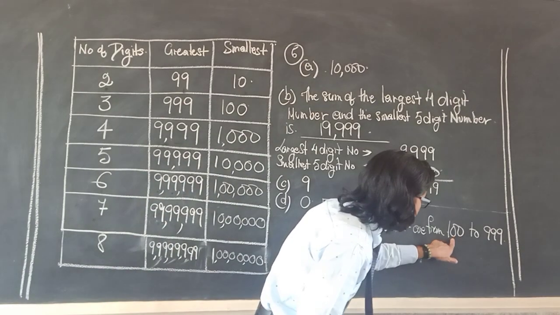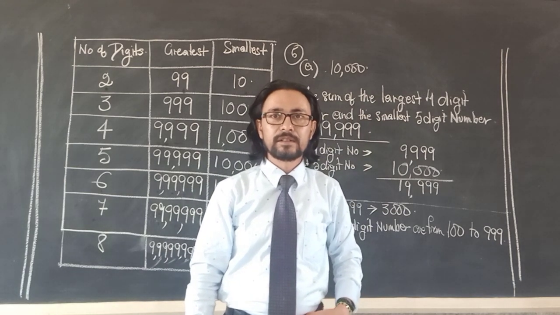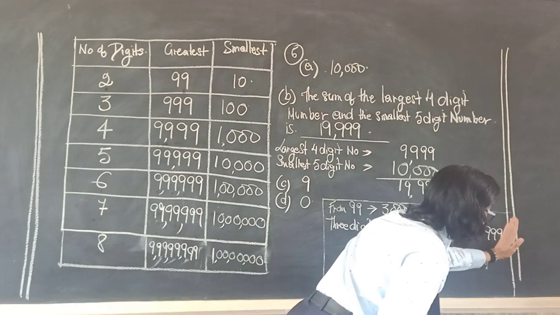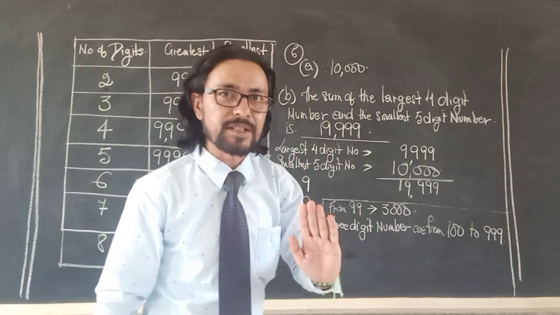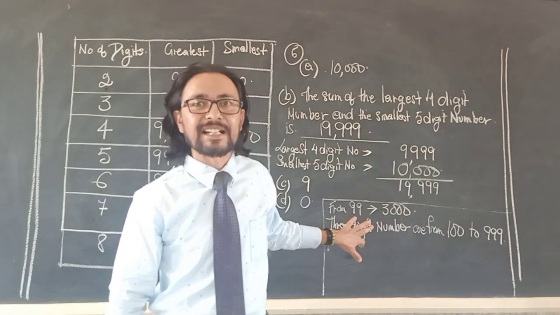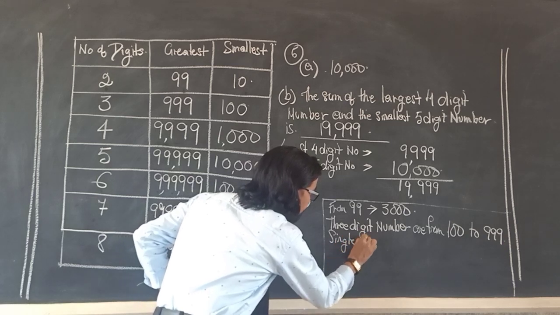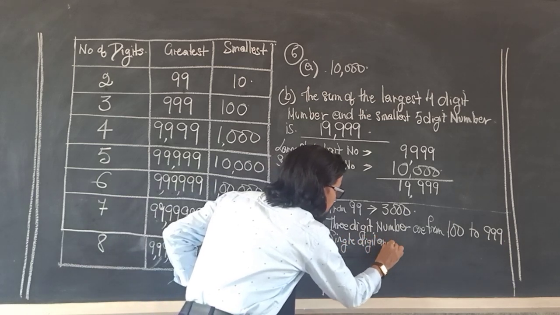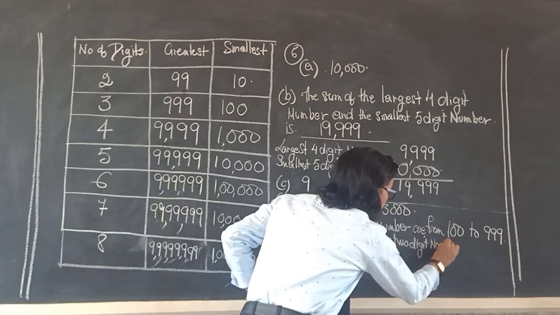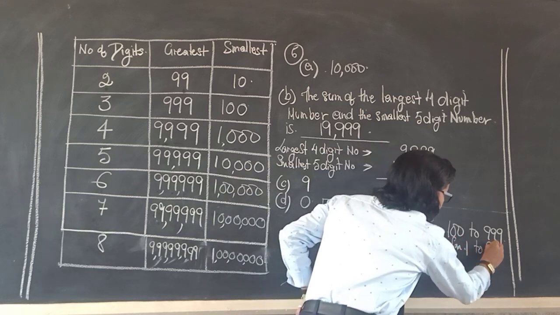So do you think you're going to sit and count from 100 to 999? No. You will never finish this sum. So what I have to do is, till 999, the digits are 3-digit numbers. Now from those, if I take away all the 2-digit numbers and single-digit numbers, which are from 1 to 99.